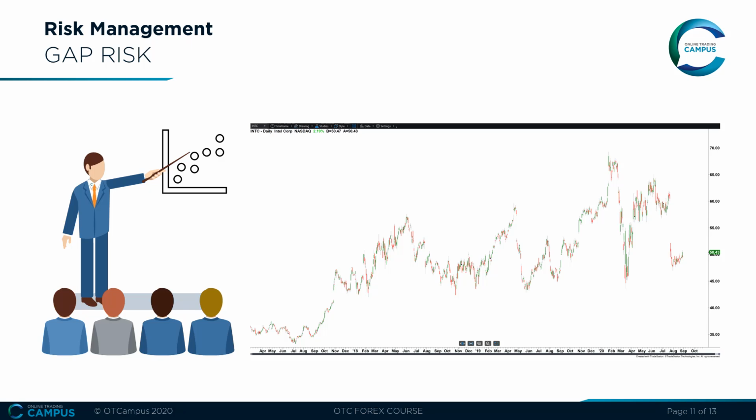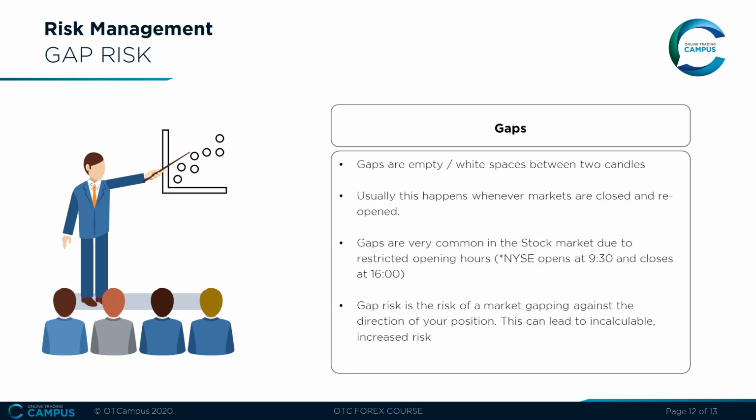So first, let us look at what gaps are and why we have to recognize them as a potential risk even in the Forex markets. Gaps are empty or white spaces between two candles. Whenever an opening price of a candle is different to the closing price of the previous candle, we call it a gap. Usually this happens whenever markets are closed and then reopened.